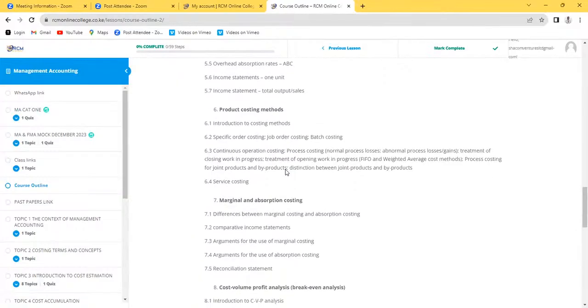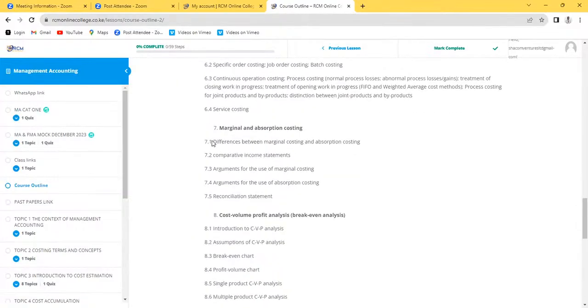If you look at our cost outline in topic number 7, look at what the examiner wants you to know. But they are very funny. In topic number 7.1, you should be able to understand the differences between marginal and absorption costing, which we've done. Comparative income statements, which we are going to prepare as we do a practical question.